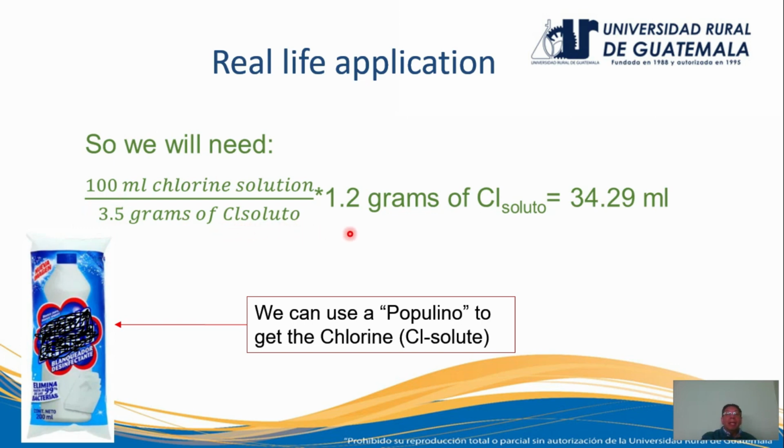So if we multiply this quantity by 1.2 grams of chlorine, we will get the solution, which will be 34.29 milliliters of chlorine solution. Where can we get this chlorine?